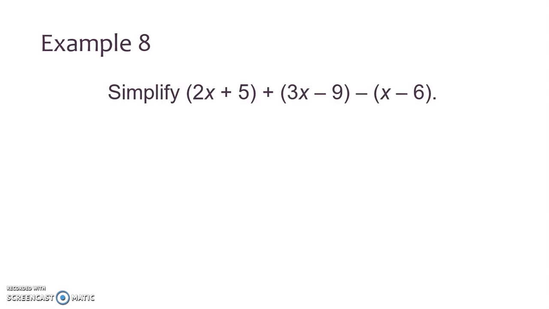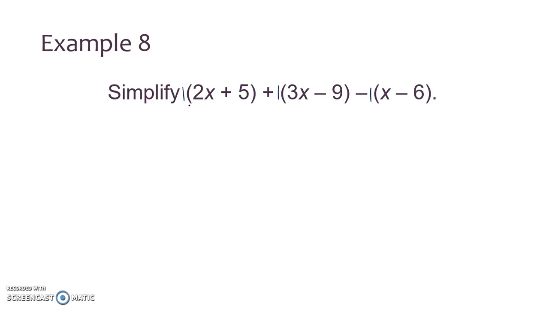So example 8 says 2x plus 5 plus the quantity of 3x minus 9 minus the quantity of x minus 6. So to simplify this one, we're going to have to distribute before we can combine like terms. We're going to have to drop those parentheses. So whenever there isn't a number in front of our parentheses to distribute, there is an imaginary 1.